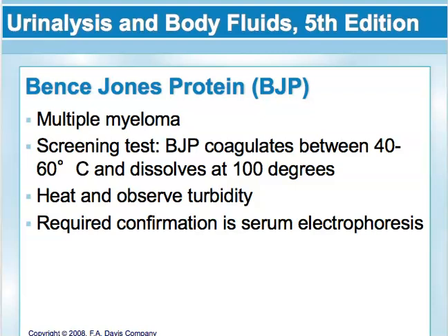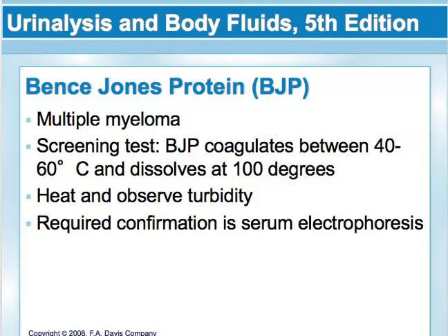Bence-Jones protein is excreted in persons with multiple myeloma. It's a low molecular weight protein that is excreted in the urine. The screening test for Bence-Jones proteins is not routinely performed. And unlike other proteins that coagulate and remain coagulated when exposed to heat, Bence-Jones proteins coagulate between 40 to 60 degrees Celsius, but then they're going to dissolve at 100 degrees Celsius.